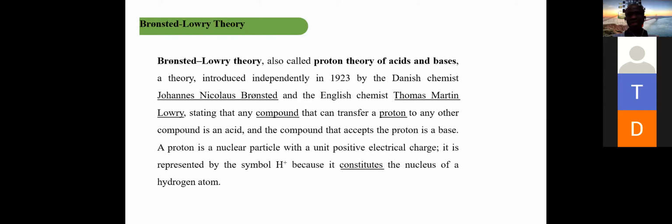So clearly, ammonia will not be a base according to Arrhenius. So people like Bronsted and Lowry looked at that theory and said, no, that theory is a bit defective, a bit deficient.